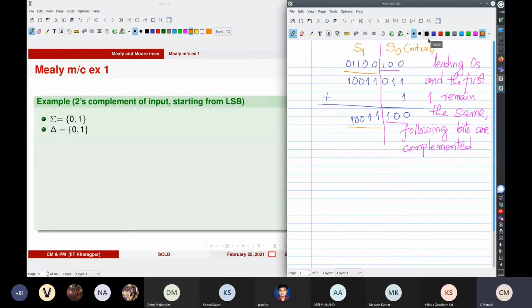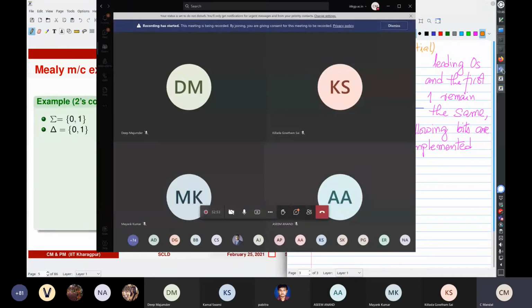So you can just design it and you can post it. So where will I see the post?